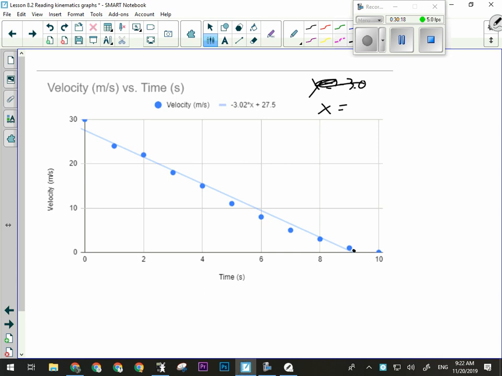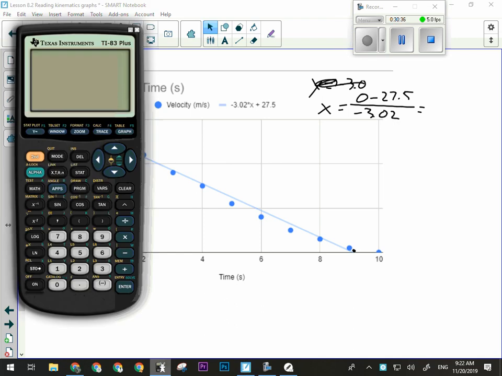So x is going to be y minus b, so that'll be 0 minus 27.5 divided by negative 3.02. Everybody all right with that? All right, so I'm solving for essentially my total time. Negative 27.5 divided by negative 3.02 tells me that the time is 9.105 seconds.